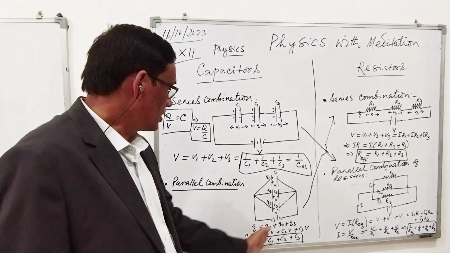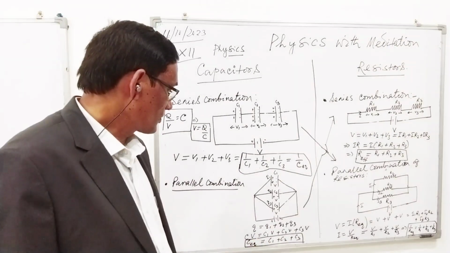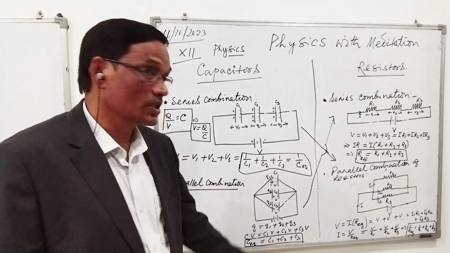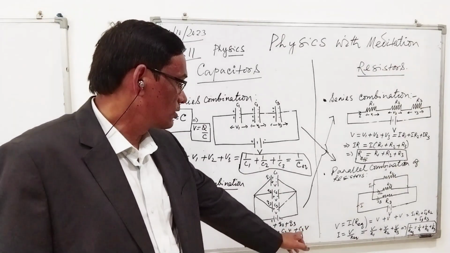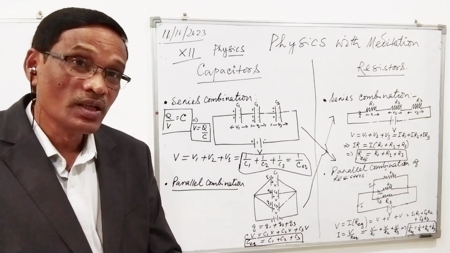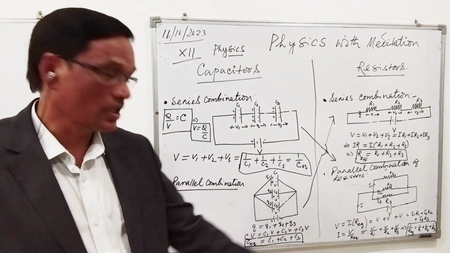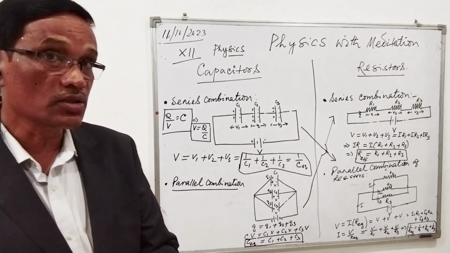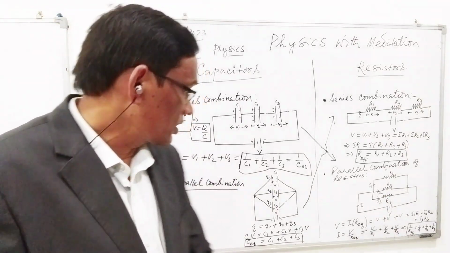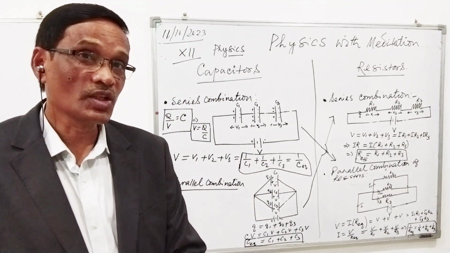That means using the formulas of what is Q, C into V. What is your Q1? C1 into V. What will be your Q2? C2 into V. Q3 will be C3 V. Same way, equate now. As the potential is same, cancel out from left hand side and right hand side and you get C equivalent. C equivalent should be C1 plus C2 plus C3. Got it?